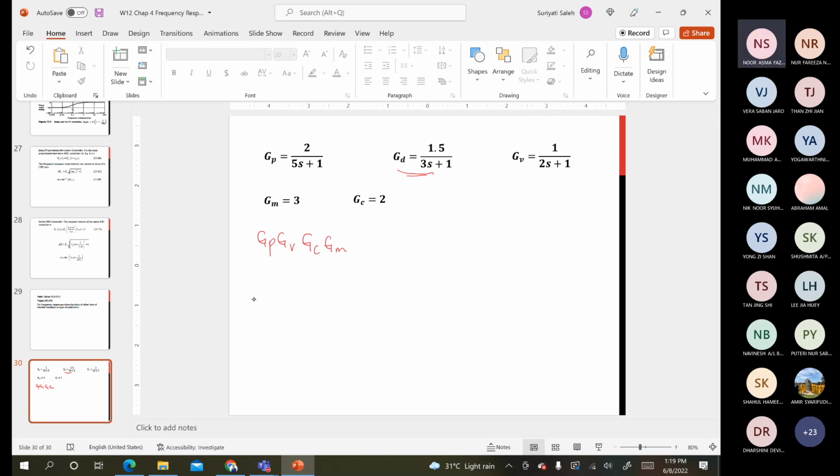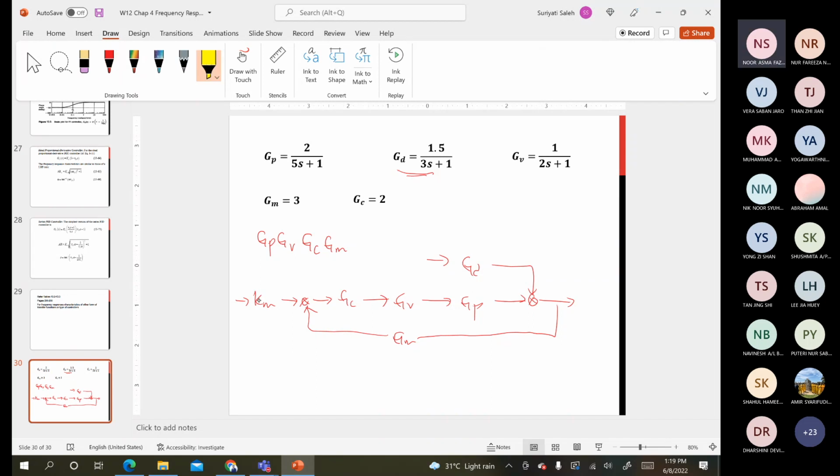If you recall, you have the KM and then you have the GC, the GV, the GP. And then here you have the plus, with the GD coming into the system, and then you have the GM back to the system. So here you can see that the GM, the KM and the GD are outside the loop.